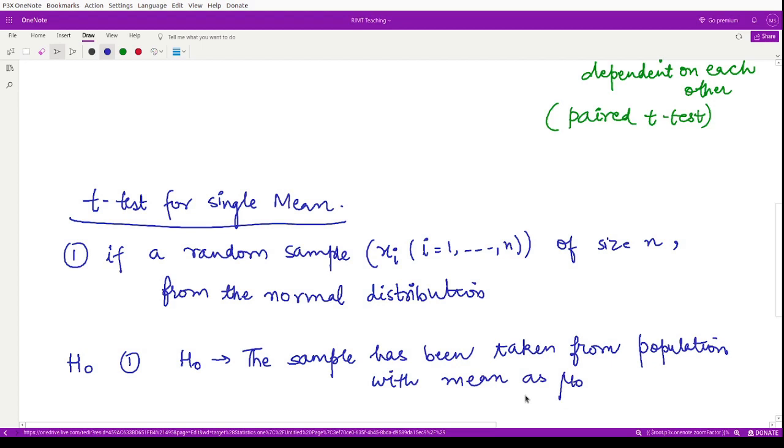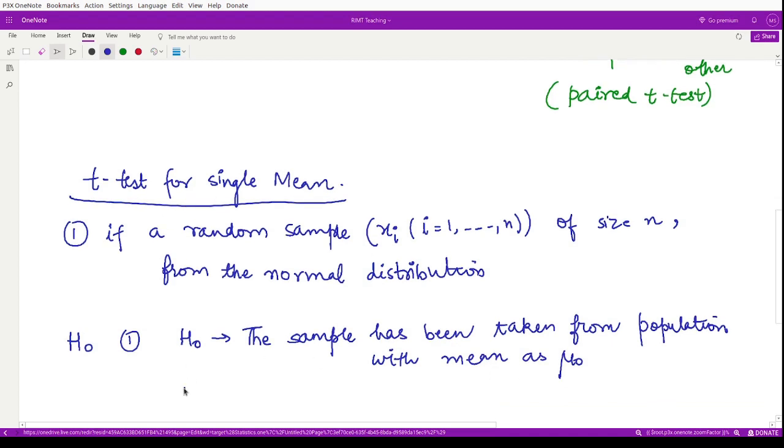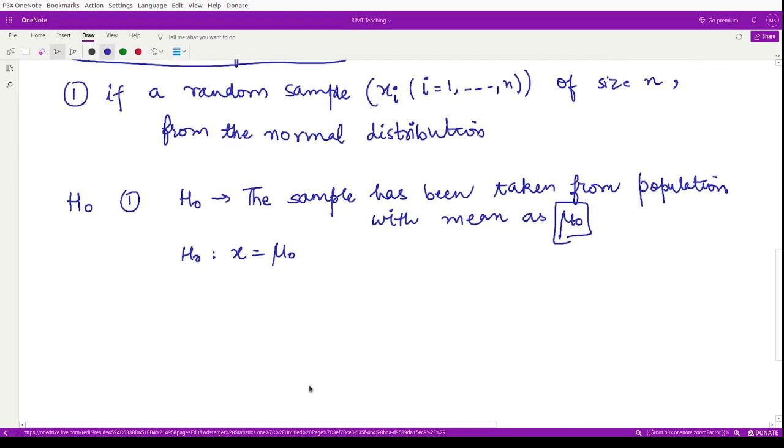So that means what would be your hypothesis here? H naught would be that x bar is equal to whatever value is given to you. This mu naught would be some numerical value. So it would be equal to this number. This is the first thing that you may check.